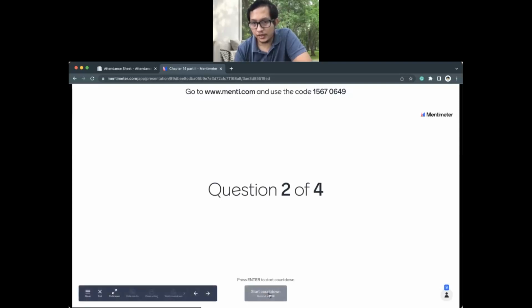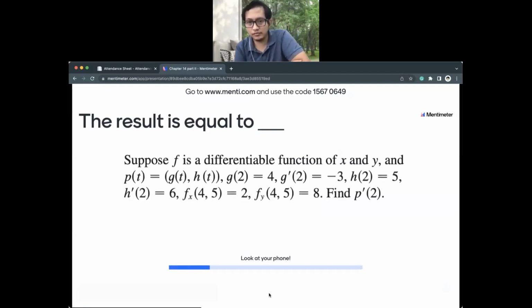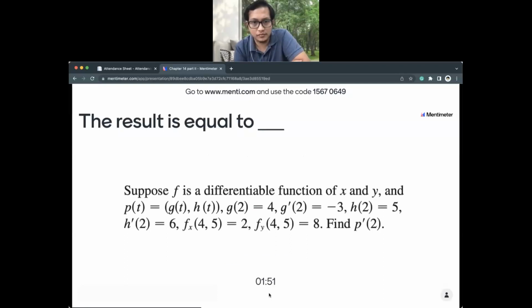Okay, get ready. 3, 2, 1. A lot of words, but it's actually quite simple. The calculation is quite simple.